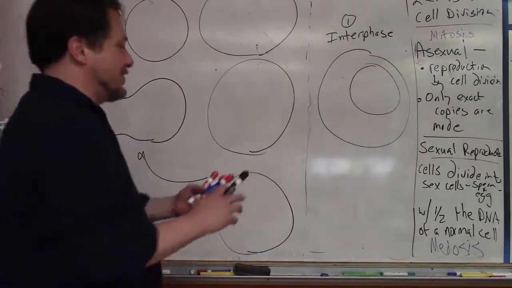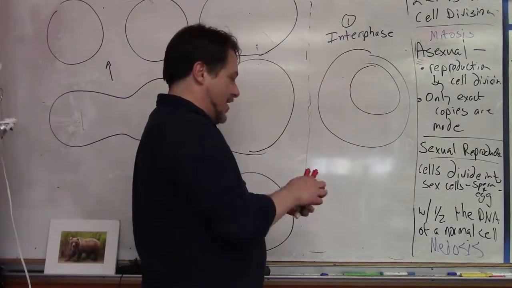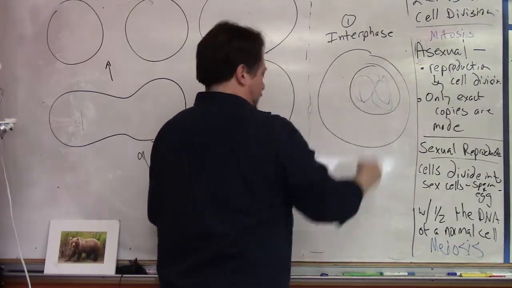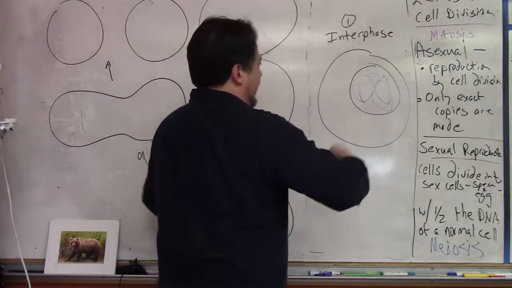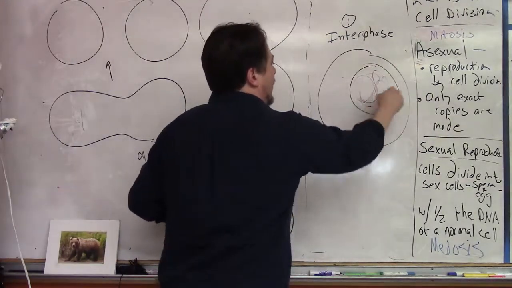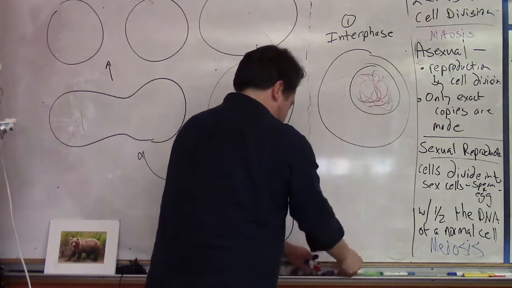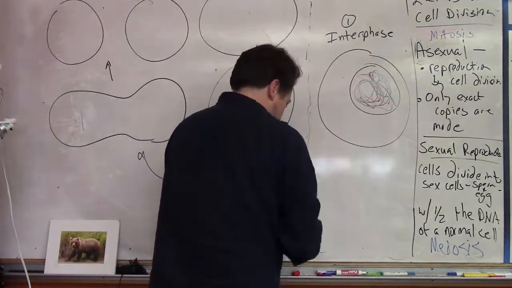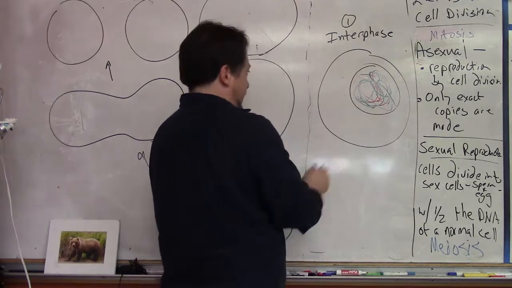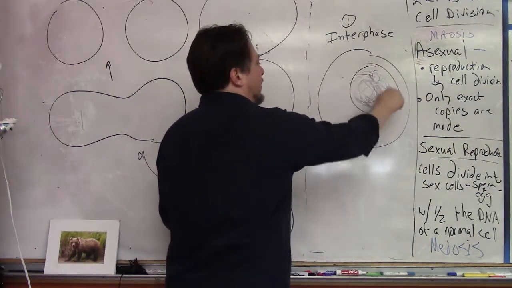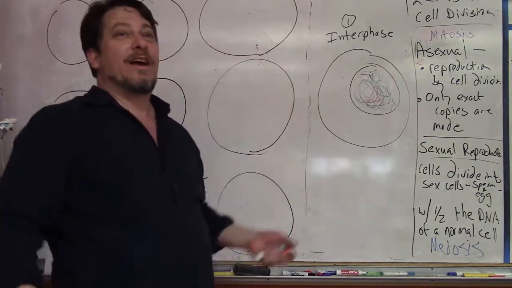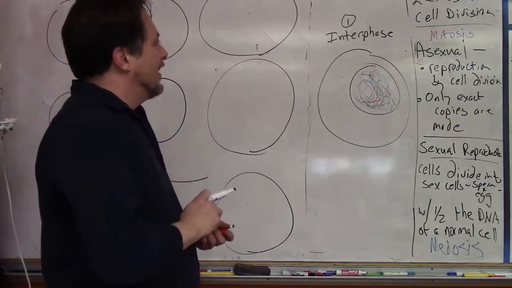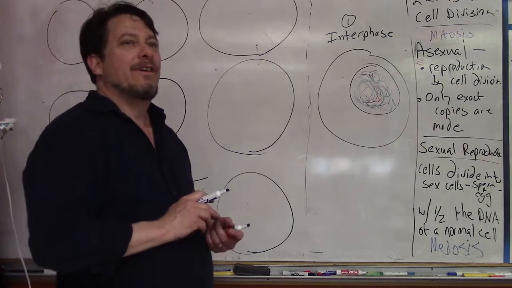You've got your stages of mitosis here. So here we are in interphase, and we're an organism with 4 chromosomes. And so I'm going to write those in here. You've got a red one, a green one, a blue one, and a purple one here. Interphase is just a cell being a cell, having its regular life.